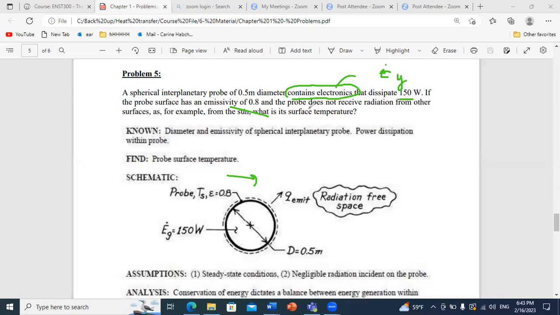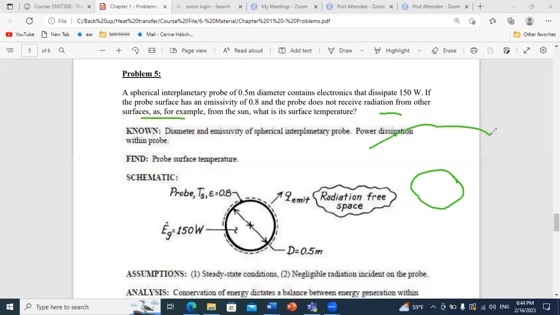And the probe does not receive radiation from other surfaces, as for example from the sun. What is the surface temperature? And this sentence also is very important because in the course material we have learned how to calculate the net rate of radiation. We have seen that a surface can be surrounded by many other surfaces.